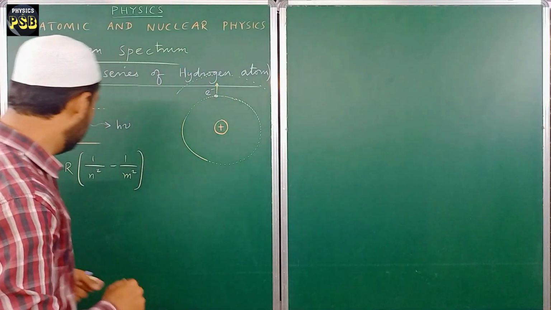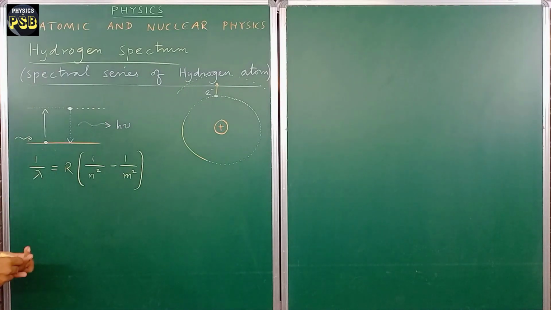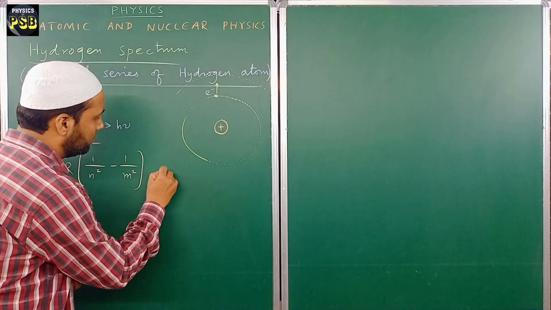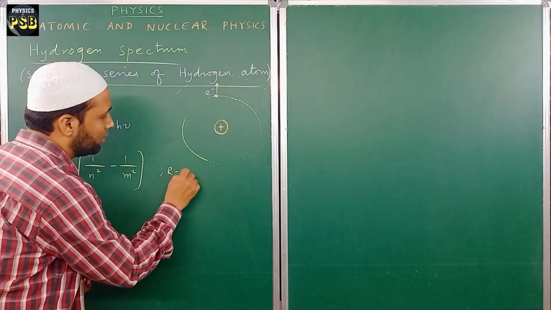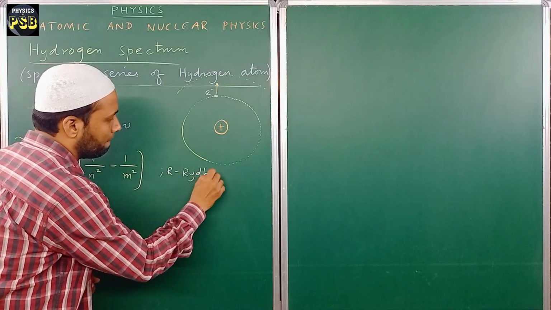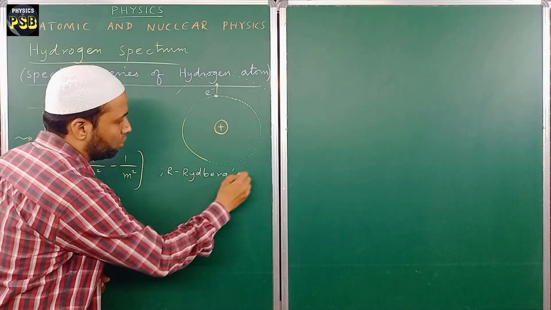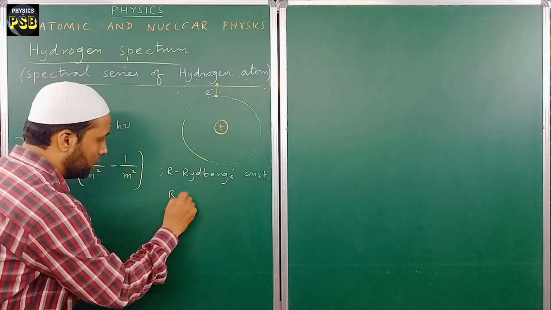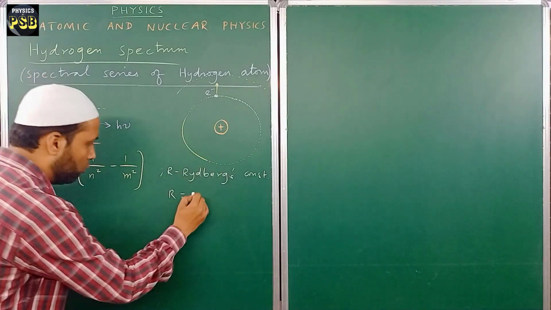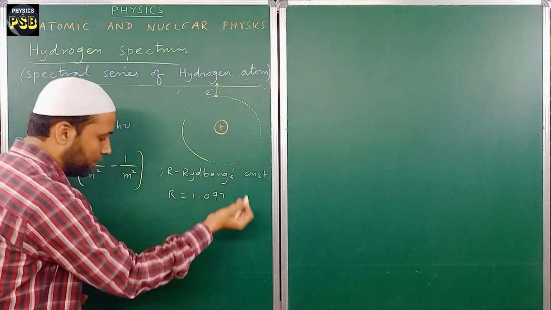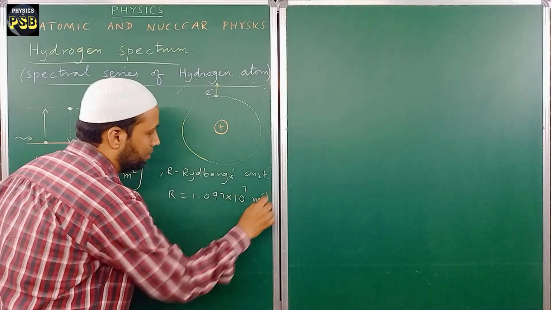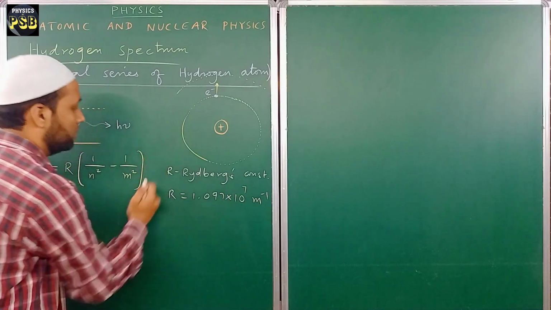Here R stands for Rydberg's constant, and it has a value equal to 1.097 into 10 power 7 per meter. Per meter is the unit of Rydberg's constant.